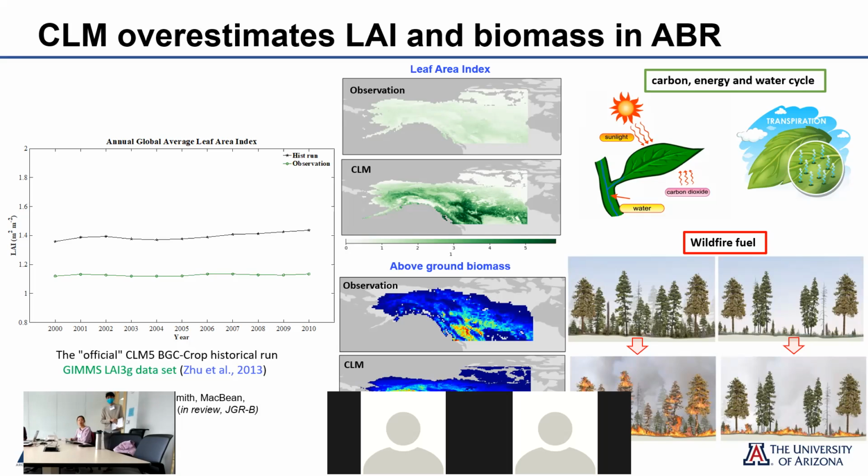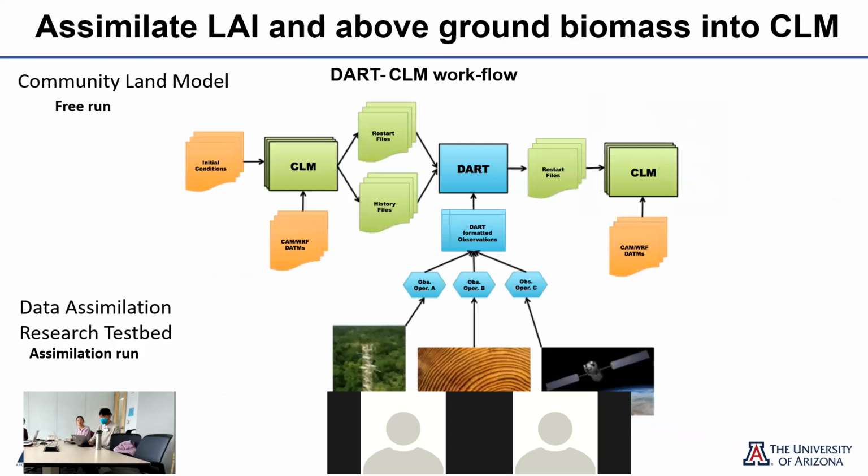So what we want to do in our project is to assimilate observations of leaf area index and above ground biomass to force the model to match the observation, and then investigate the impact of adding such observation constraints to CLM on the carbon, hydrology, and energy cycle. In order to do that, we utilize a DART-CLM workflow, shown in the diagram below.